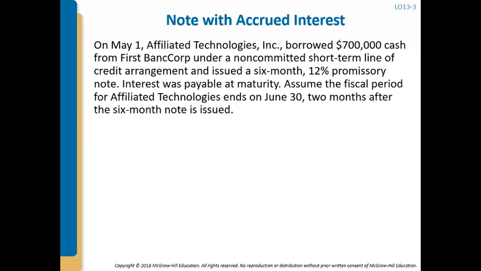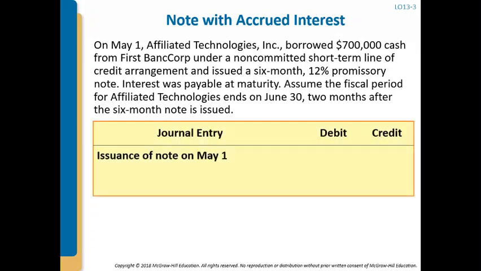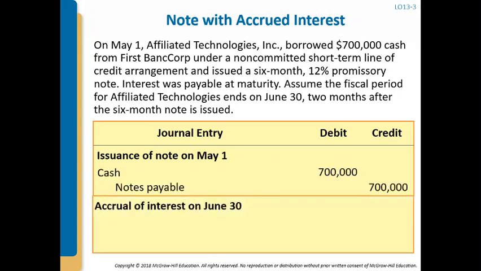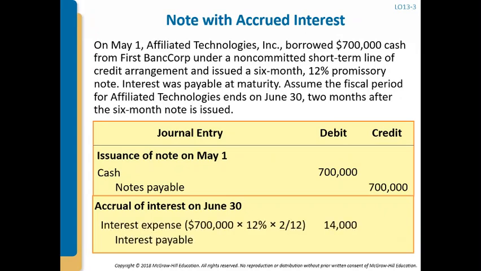So you're going to have to accrue 2 months worth of interest. So that's your initial entry, receiving the $700,000. But the accrual of interest, you're going to record $12,000, right? Or $14,000, excuse me.